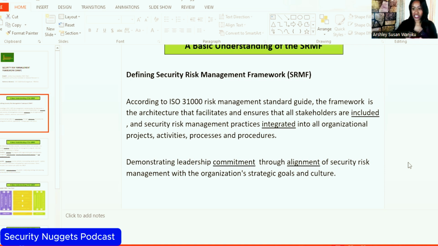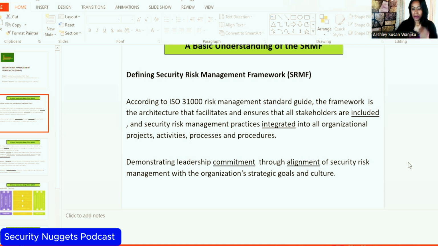That is brought out in the framework, because you get to establish who is vital, who plays a role, who is a risk owner, to be incorporated within the program. Which stakeholders are critical, so that their perspectives, opinions and subsequent roles can be incorporated within the security risk management framework?